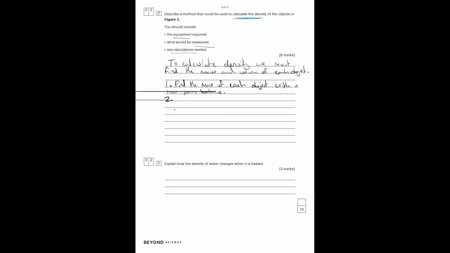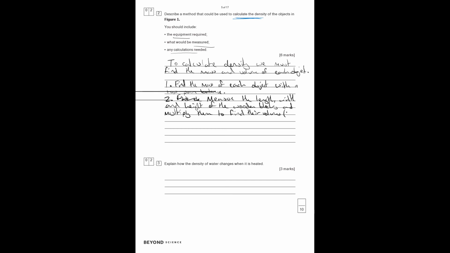2, so now we've got the mass of all objects. Find the, or we should really say, measure the length, width and height of the wooden blocks and multiply them to find their volume, or volumes.